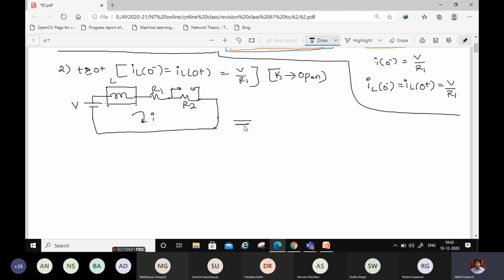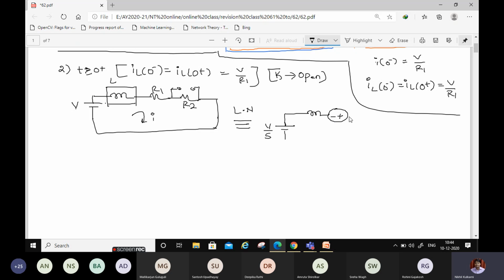Then if you transform this to the Laplace domain or Laplace network, the source will be V by S. And how should the inductor be replaced here now? The inductor followed by its initial current in terms of a voltage source.